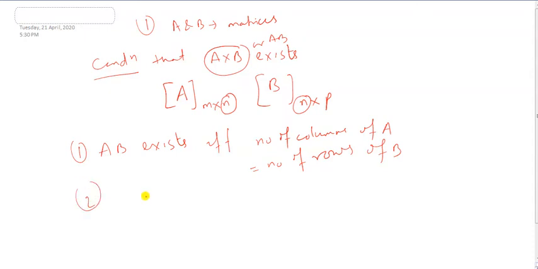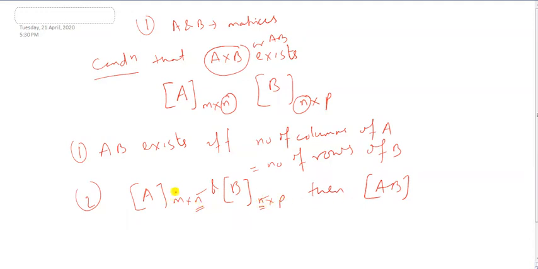Number 2: if A has order m cross n and B has order n cross p, then we can define AB, because by definition the number of columns must be equal to the number of rows. Then for the order of AB, you skip these two n's and write the first and the last. So this will be m cross p.